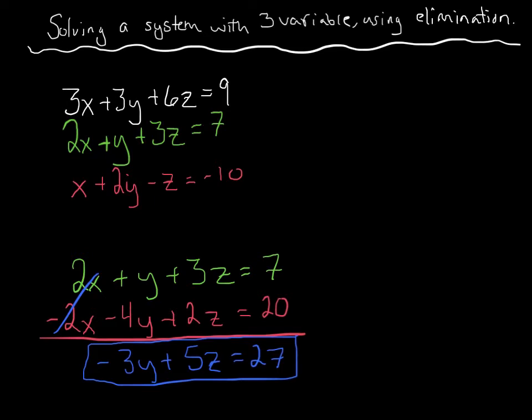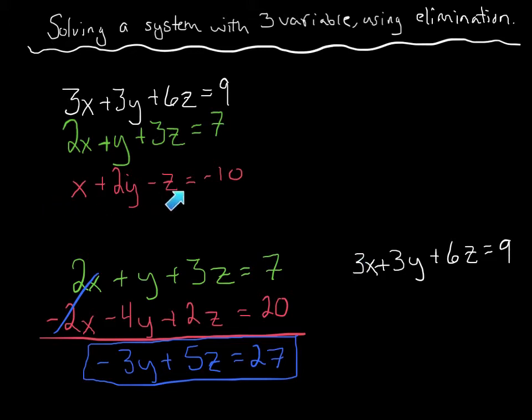Now, notice I used the green and the red equation here to do this. So I need to use the one equation that I did not use. So I'm going to go ahead and write that out as well. So 3x plus 3y plus 6z is equal to 9. And notice again, I can multiply this x by a negative 3 to get it to be the opposite of this 3x.